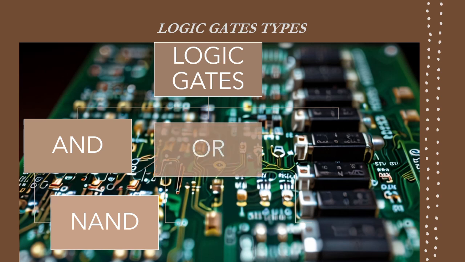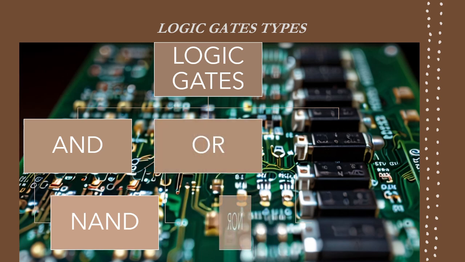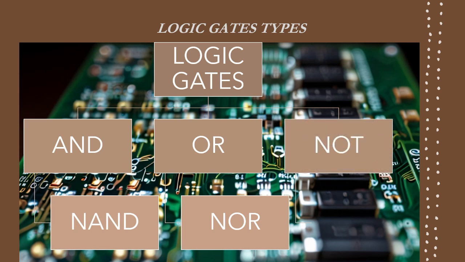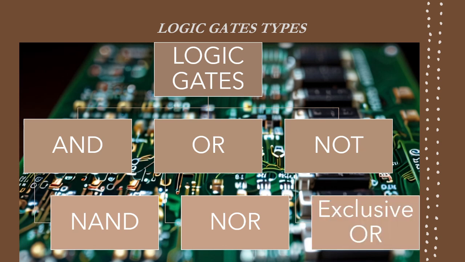Another one is OR, that is also a primary gate, and with the combination of OR and NOT gate, there is another gate named NOR. The third one is the NOT gate, that is also a primary gate, and from these gates another gate is formed, and that is exclusive OR.